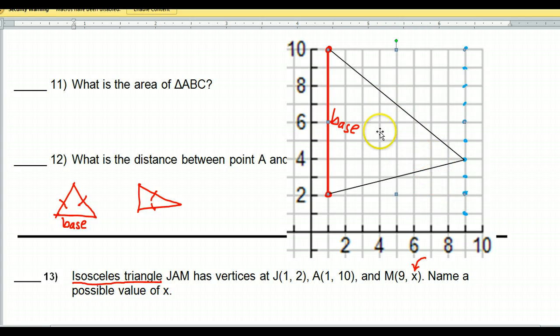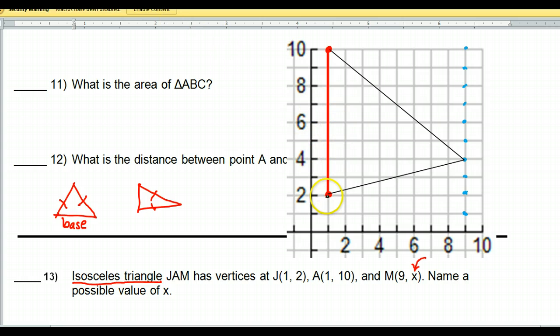So the idea is, if I want these two sides to be congruent, this final vertex should be right on the axis of symmetry. In other words, it should be right in the middle of the triangle. So all we really need to know is the midpoint of this base. That will tell us where the axis of symmetry is.